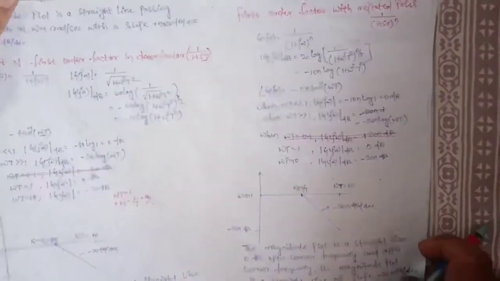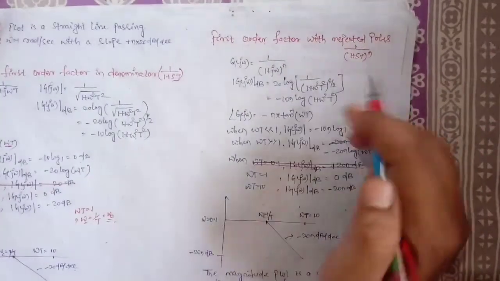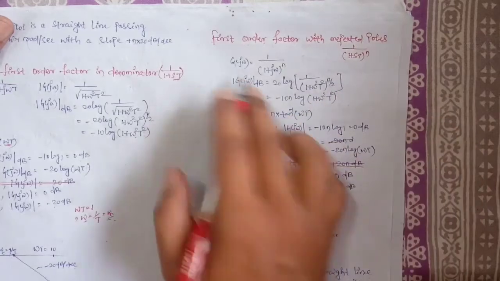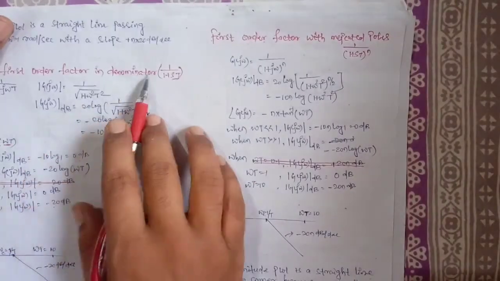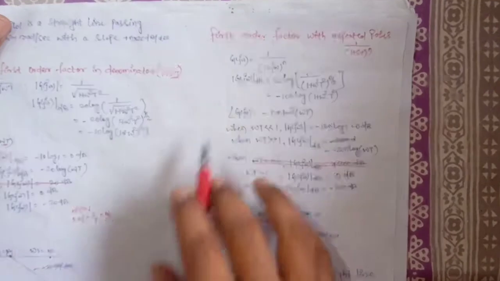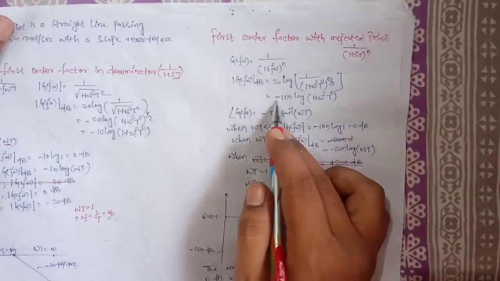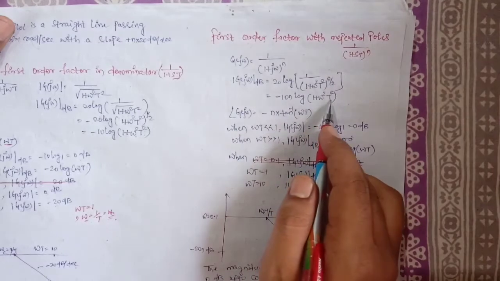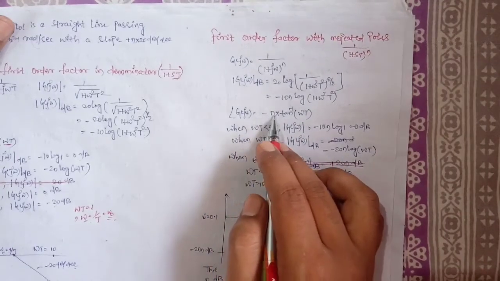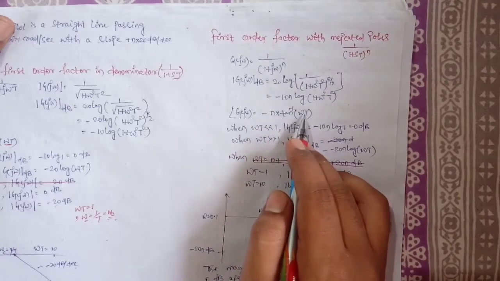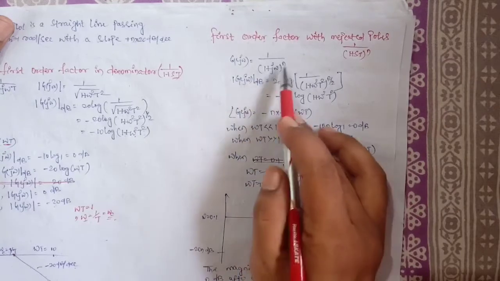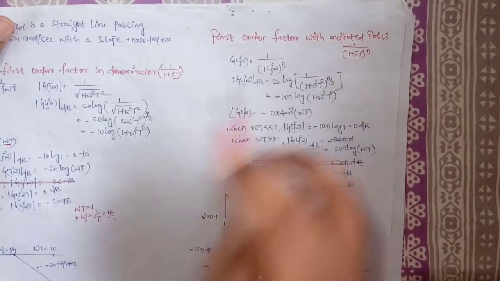When there are multiple factors, that is 1 by st to the power n, simply like we found for a single factor, here n will be multiplied with each term. So my magnitude will come as -10 n log 1 plus omega square t square, and phase will come as minus n into tan inverse of omega t. So n will be multiplied with each term since there is a power of n.